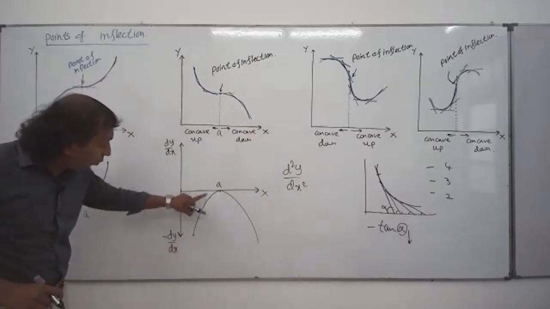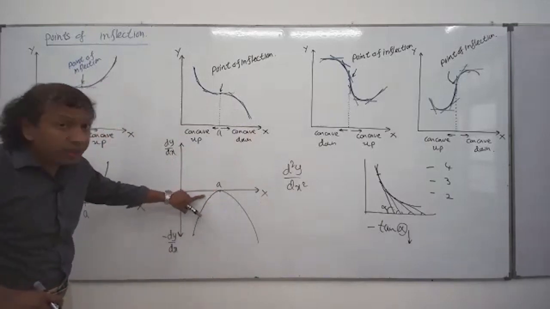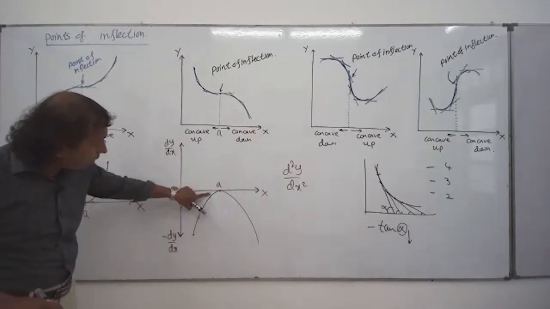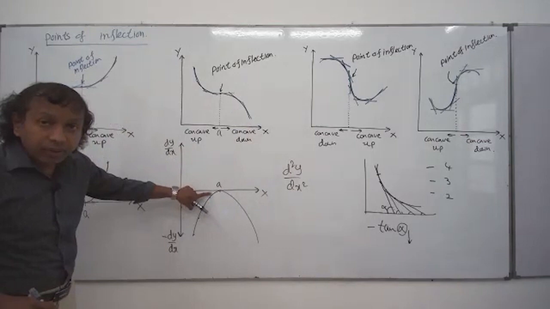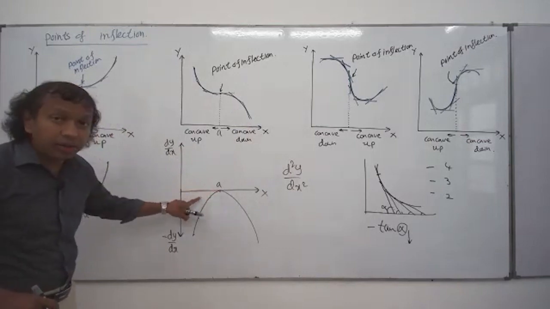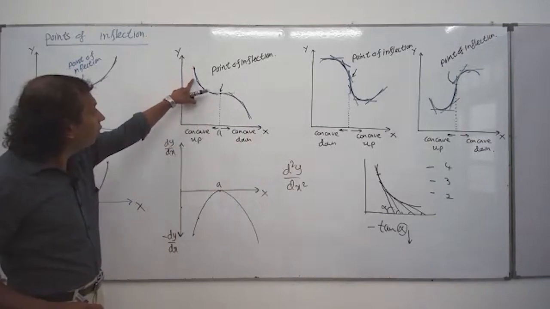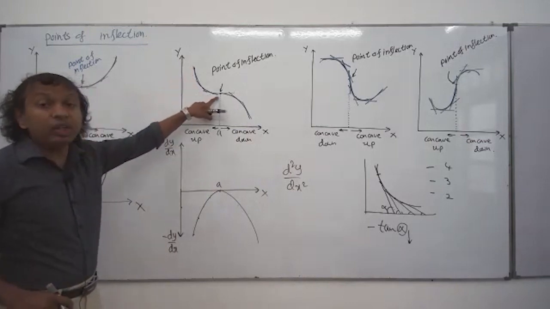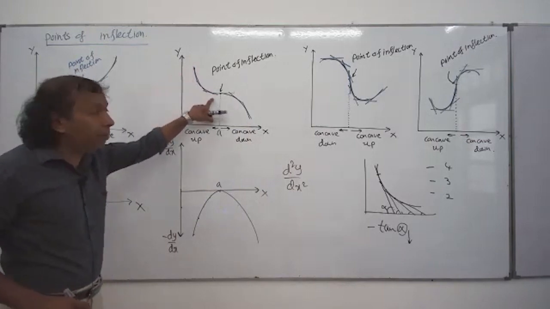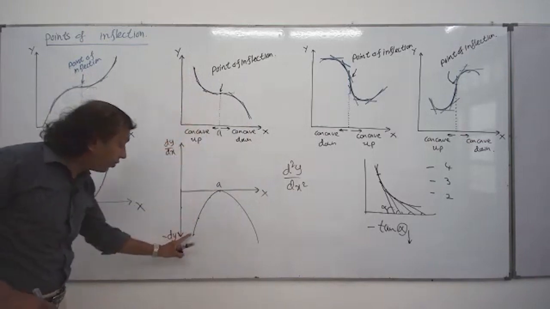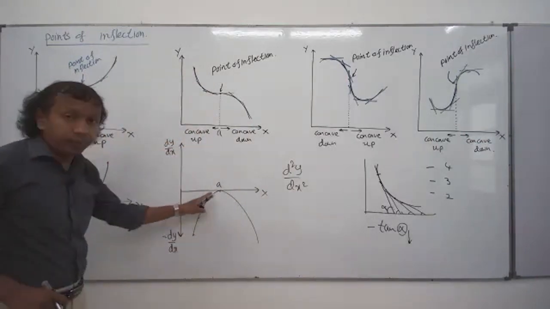But you know, from here to here of this graph, the gradient is positive. That means on the left of A, this graph is concave up. Again, it verifies that when the graph is concave up, in that interval the second derivative is positive.